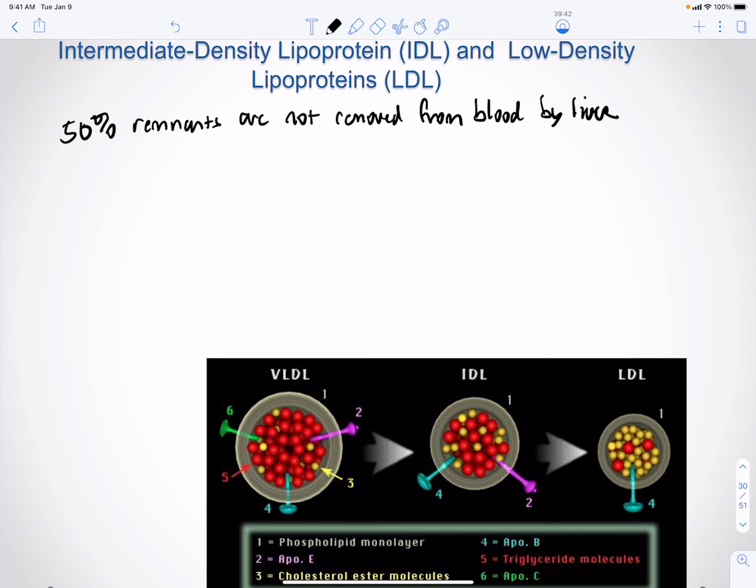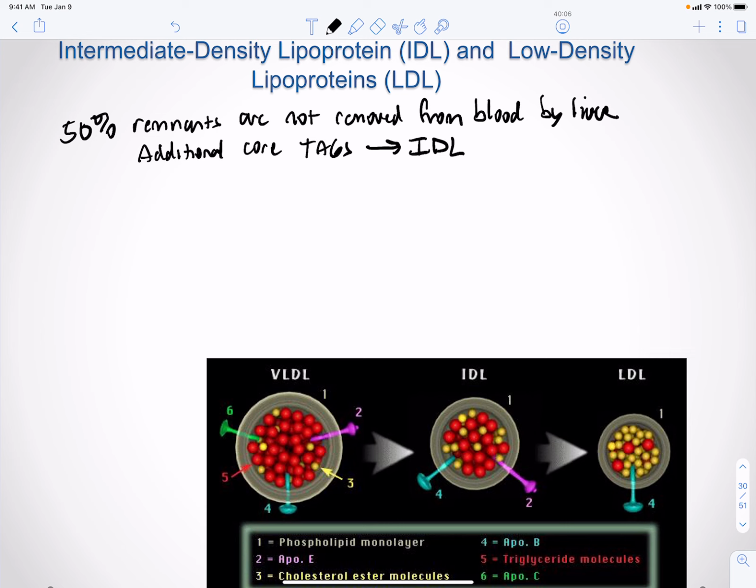Instead, they have an additional core of TAGs, and these become your IDLs. And then your IDLs will have some removal.